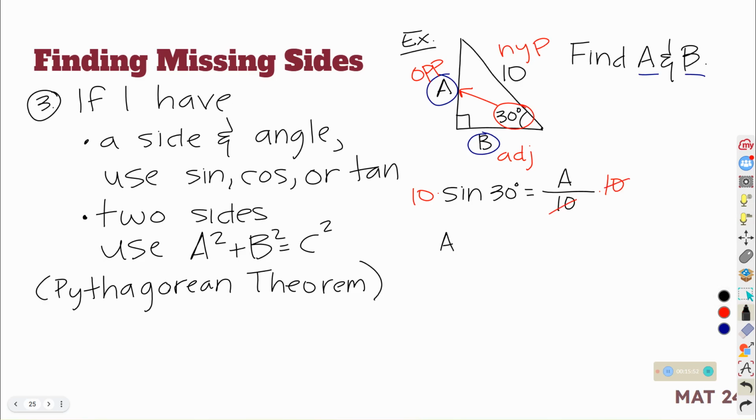So I get A is 10 times sine of 30. And then you're going to grab your calculator and give me that answer out to like 2 decimal places. Make sure your calculator's in the right mode, because we have 30 degrees, it's not 30 radians.